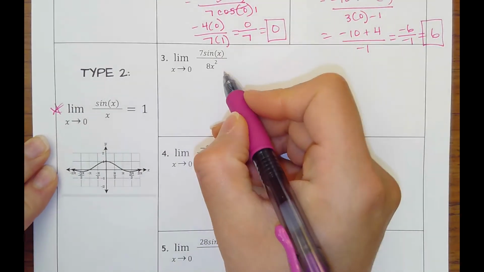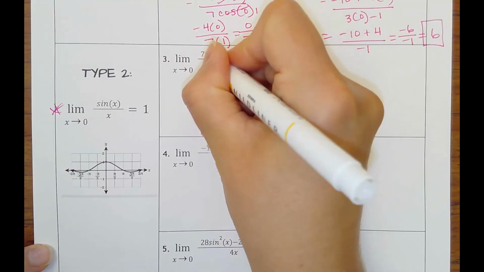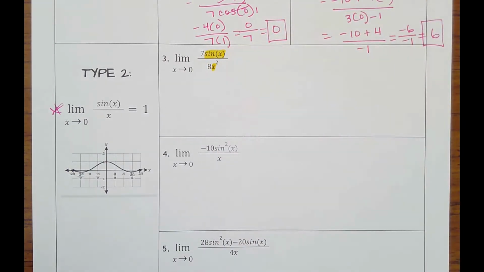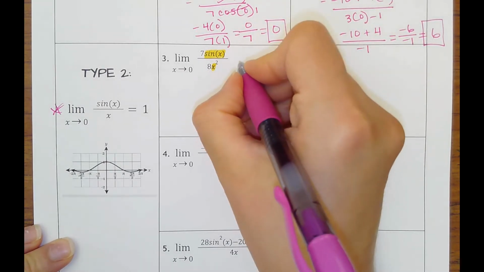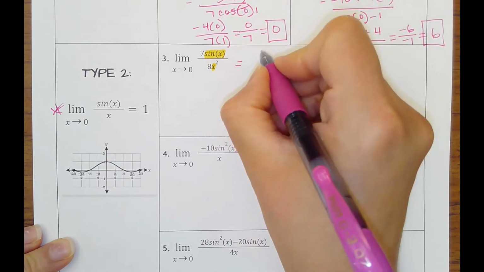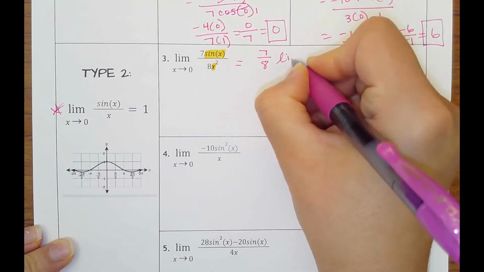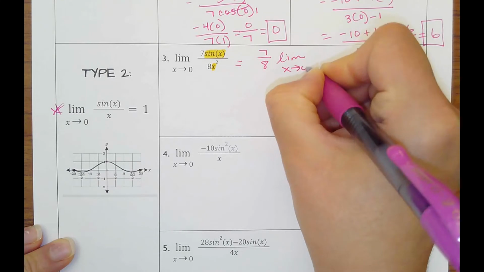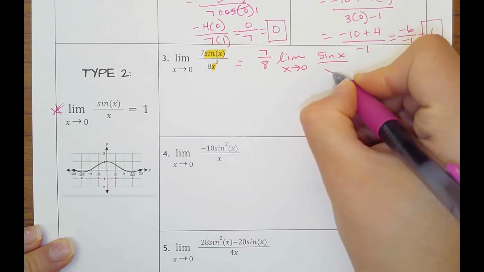Number 3, I'm going to get a highlighter here to help a little bit see it. So number 3, I see a sine of x over x, but the x is being squared. The first thing I like to do is take out any coefficients, kind of factor them out, pull them out in front. So I would have 7/8 times my limit as x approaches 0 of sine of x over x squared.